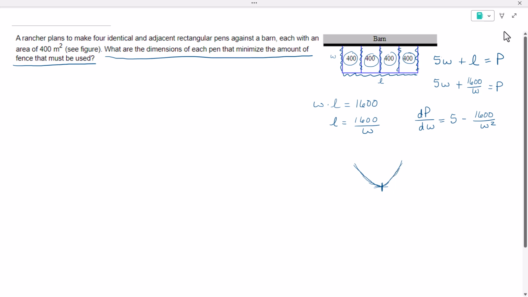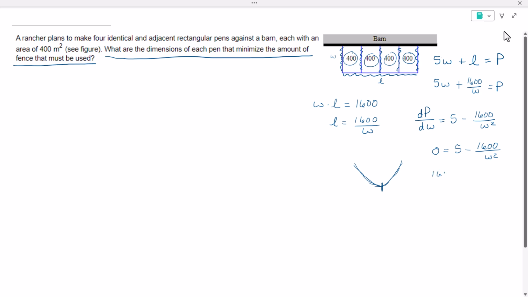So it's wherever the derivative, this thing that we just found, has a slope equal to 0. So I'm going to say 0 equals 5 minus 1600 over W squared. And then our job is to go ahead and solve that.